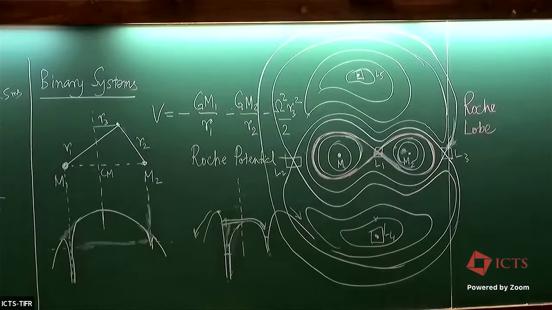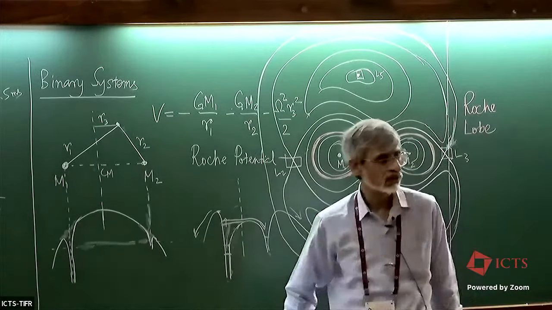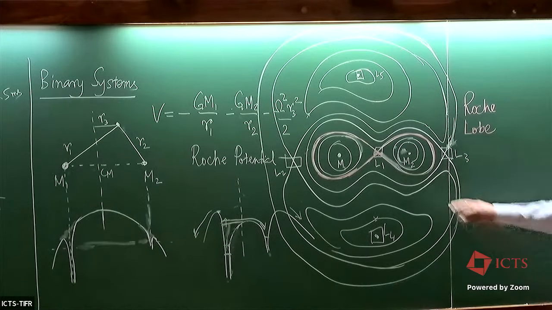So it is going to drive this until more or less just the dense core of the star is left. So a 20 solar mass star may then be left with only about 3 or 4 solar mass core. The rest of the matter would have gotten transferred to the other star if there is no mass loss from the system.